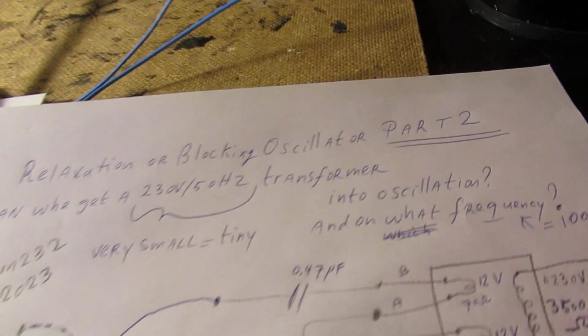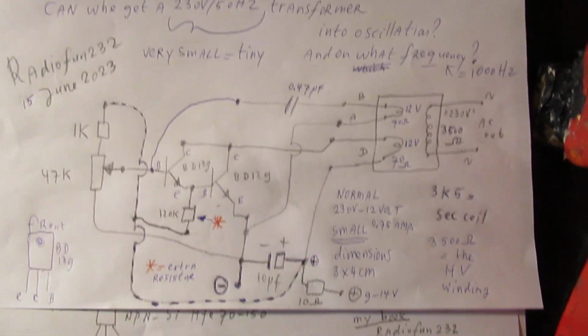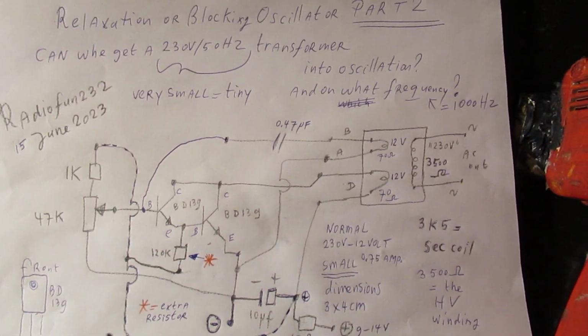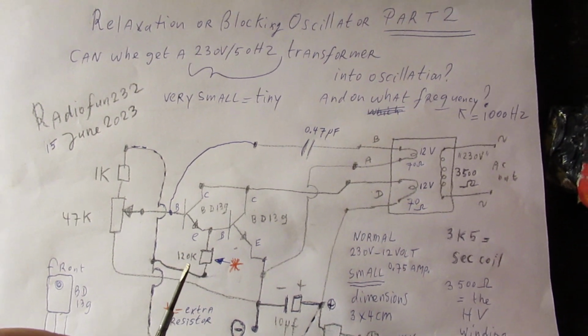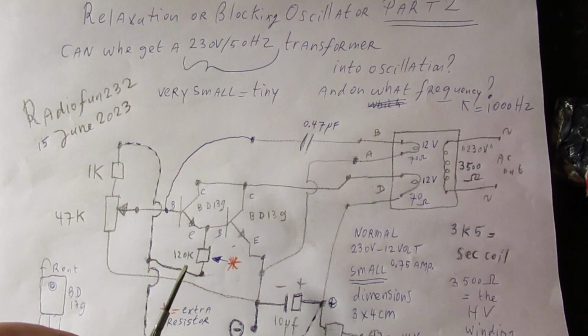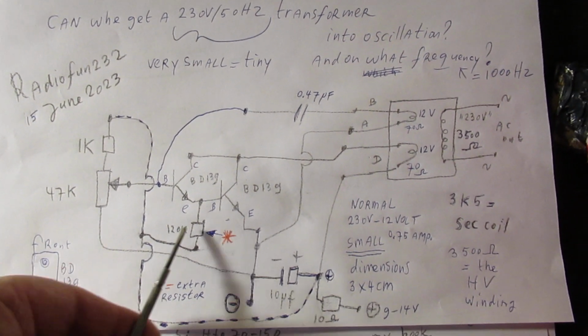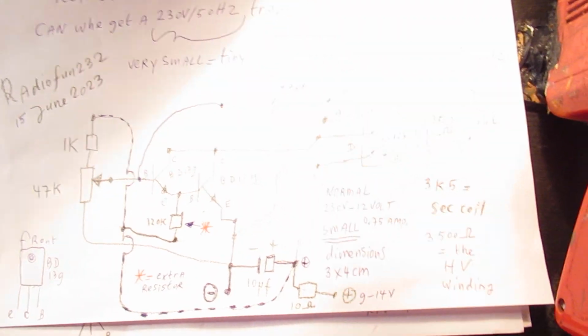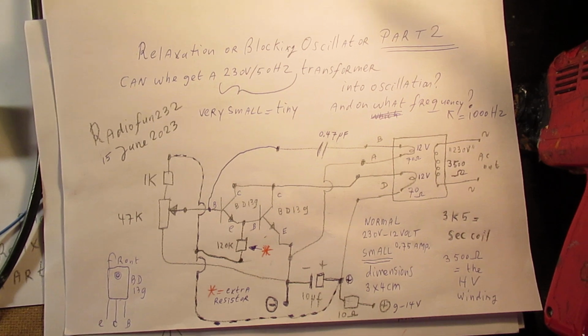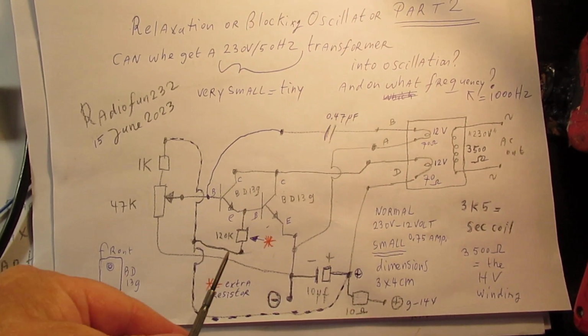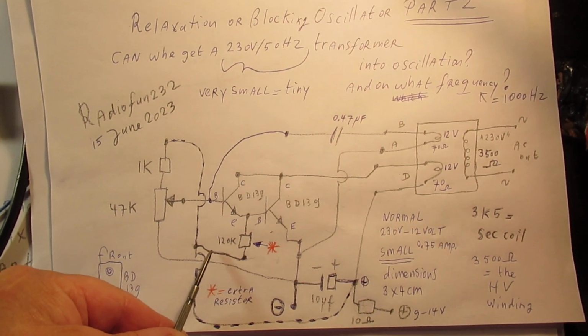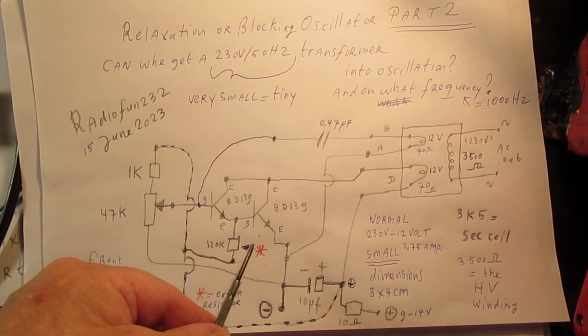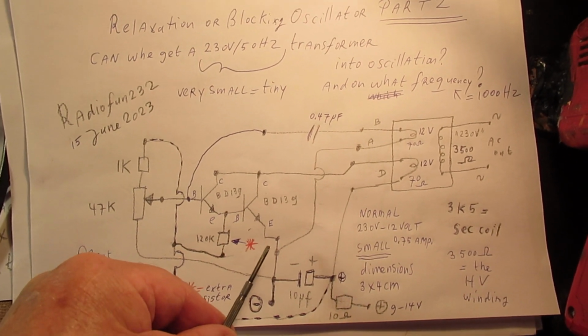So, important to tell, when you compare it to the earlier circuit, I soldered in a 120k resistor here. So, I want to show the schematic again. And this 120k resistor biases the second transistor much better.